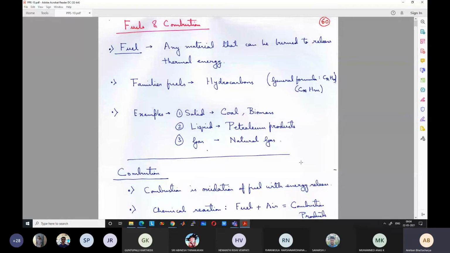And then in the final part of this chapter, we are going to see how to calculate the temperature generated during the combustion process. There is something known as adiabatic flame temperature, which is the maximum temperature that can be achieved. Depending on how much excess air is there, the flame temperature will be lower.